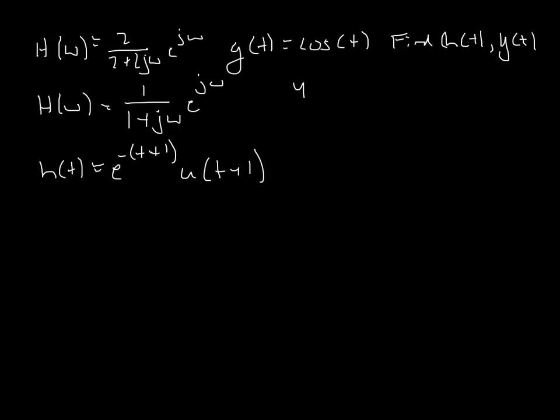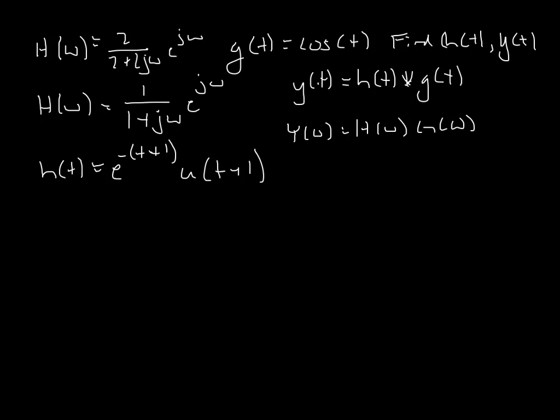And y of t is equal to h of t convolved with g of t, or Y of omega equals H of omega times G of omega, which is much simpler. Okay, so first we need to find G of omega because we don't know that currently.